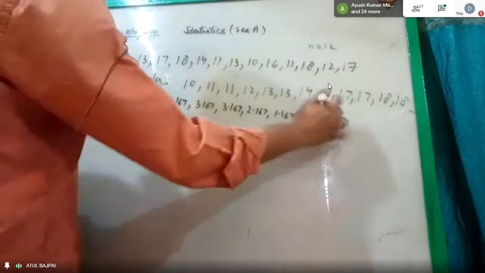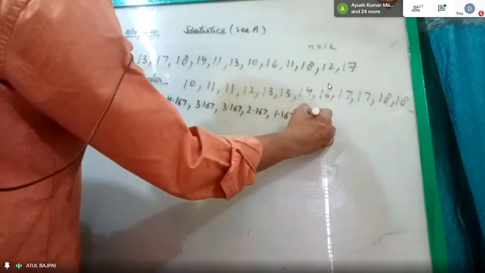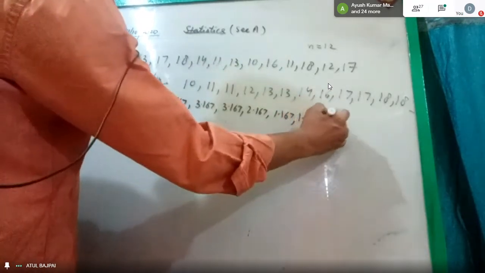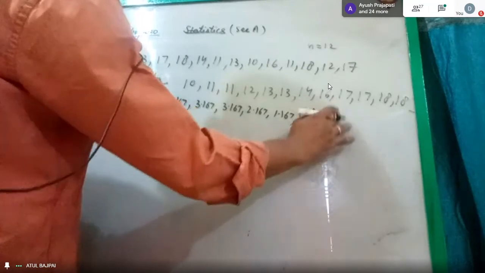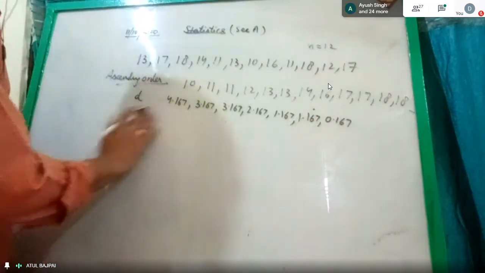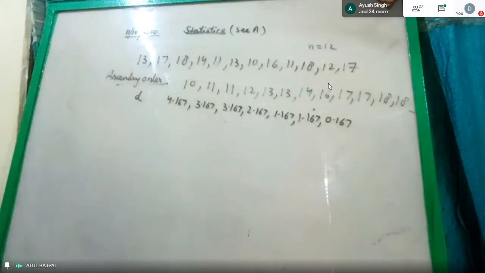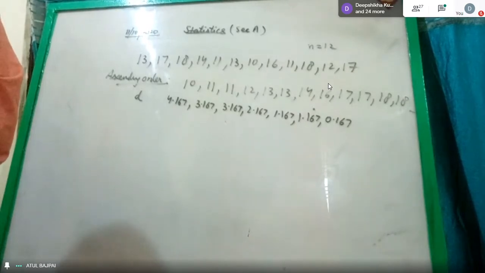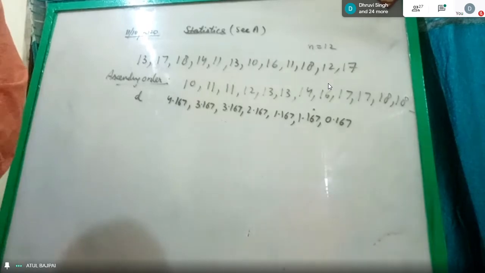Keep going, and then you add all of them. 16 minus 14.167, how much?